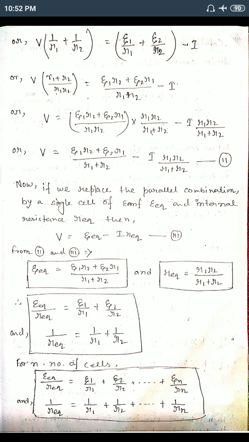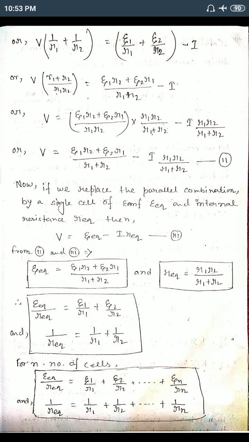If we simplify it, we get E equivalent by R equivalent equals E1 by R1 plus E2 by R2. And simplifying this one, 1 by R equivalent equals 1 by R1 plus 1 by R2. That's why we get R equivalent equals R1 R2 by R1 plus R2, because it is in parallel. In parallel, we know that 1 by R equals 1 by R1 plus 1 by R2.